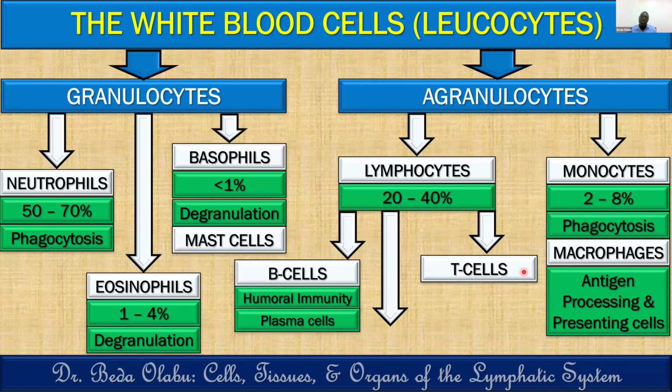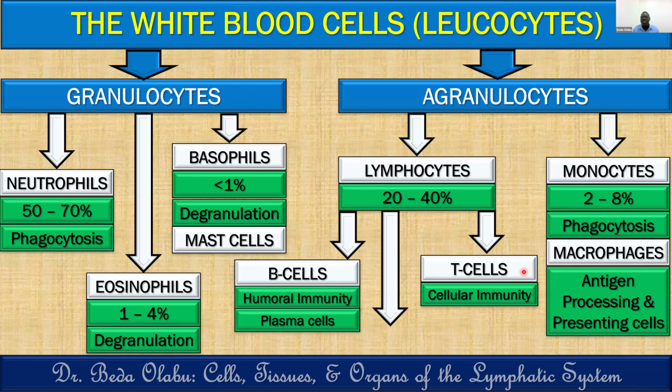We have different types of T cells, different varieties, and I think that will be covered better in immunology, not in this anatomy class. Just to give you examples, you may have the T cytotoxic cells, the T memory cells, the T regulatory cells, the T helper cells, among others perhaps.